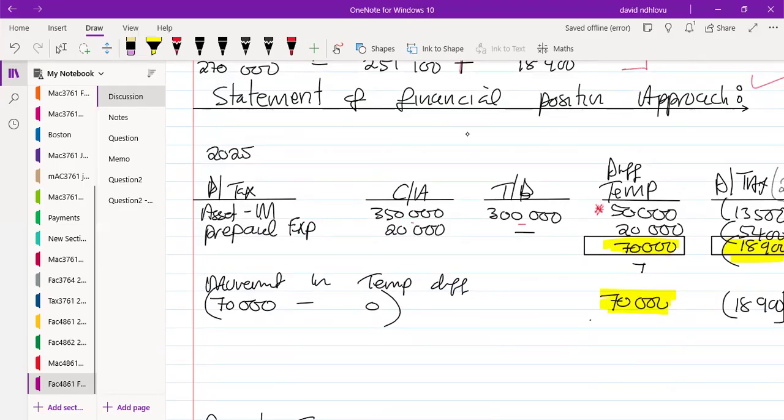Same with the deferred tax. You say current year minus the prior year. So whatever you get mathematically, that's what you use. So if it's a negative, you say minus 18,900 minus whatever you have in the prior year. The answer will come out to this. Okay, thank you. Sharp, sharp.